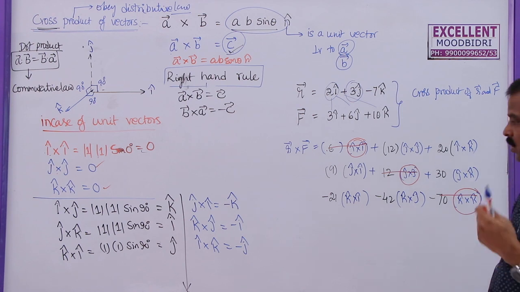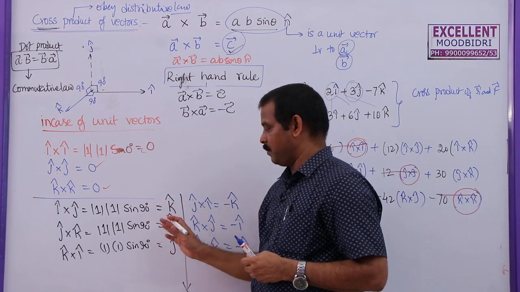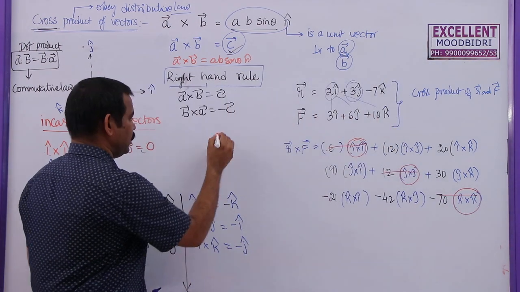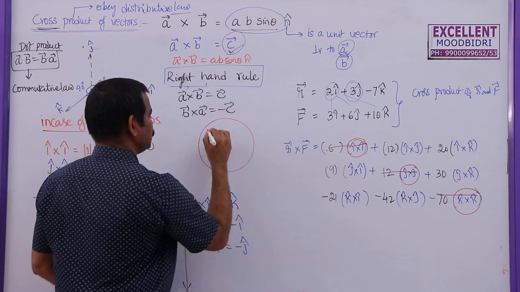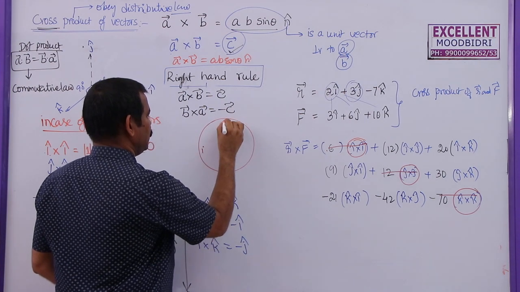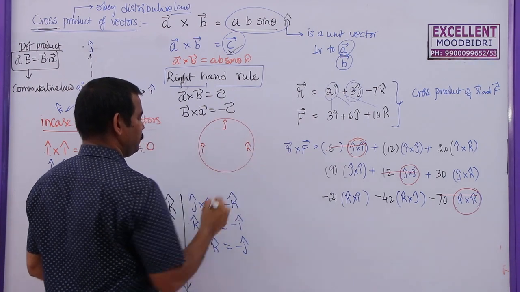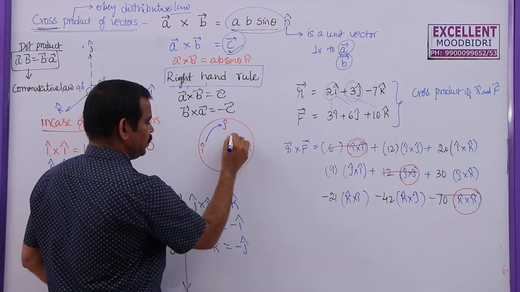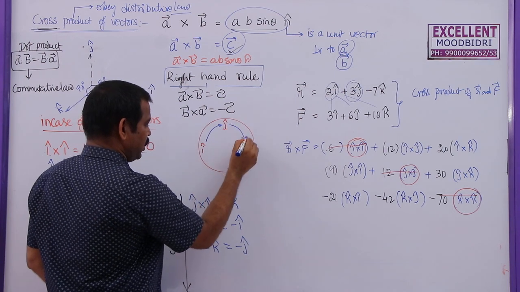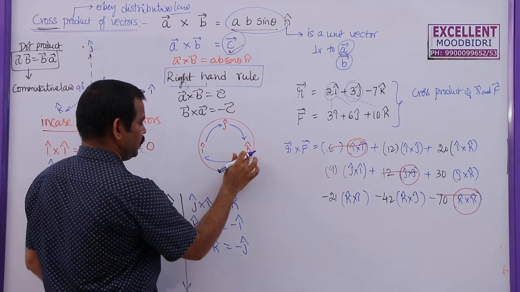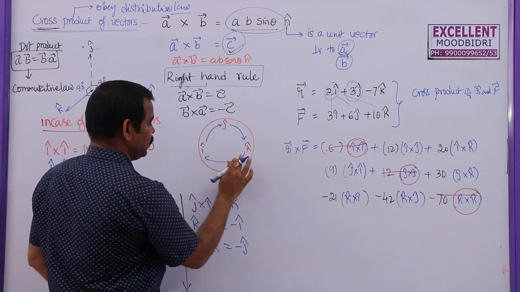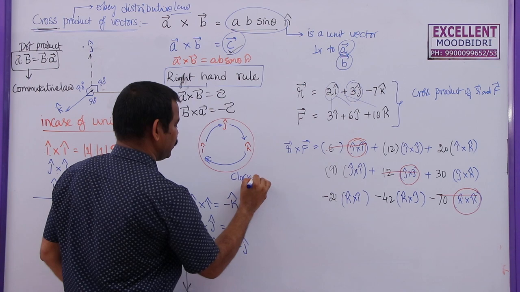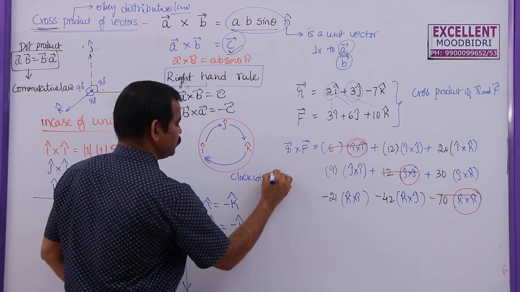Now, we know that i cross j is equal to k cap, j cross i is equal to minus k cap, but there is a confusion here. So I am going to use a circle here. This is i, j, k. If I multiply i with j, I will get k. j with k I will get i, and k with i will get j. So in clockwise direction the product is positive.